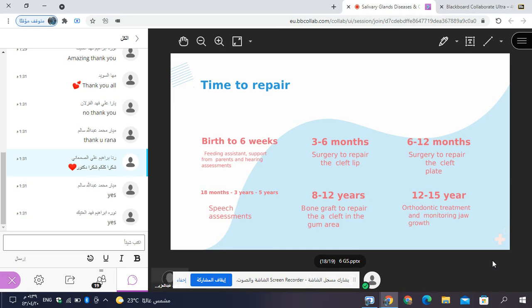From 3 to 5 years, a speech assessment is needed, from 8 to 12 years a bone graft for the cleft lip, and from 12 to 15 years monitoring of the jaw and orthodontic treatment.